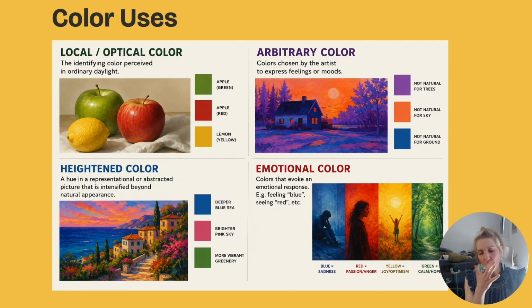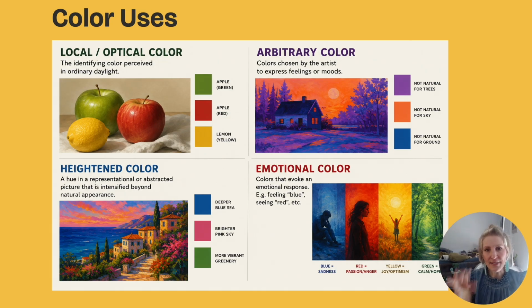Some other types of color uses we'll encounter are local or optical color, heightened color, arbitrary color, or emotional color. Now, local or optical color is the identifying color perceived in ordinary daylight. It's how the thing looks in normal lighting. Arbitrary color are colors chosen by the artist to express feelings or moods. These are not realistic. They are chosen by the artist for whatever they're trying to convey.